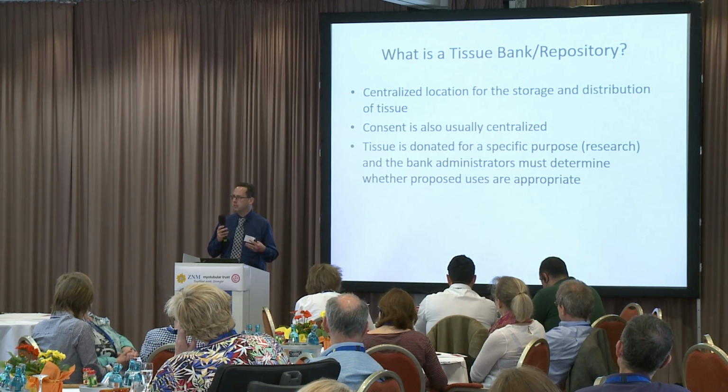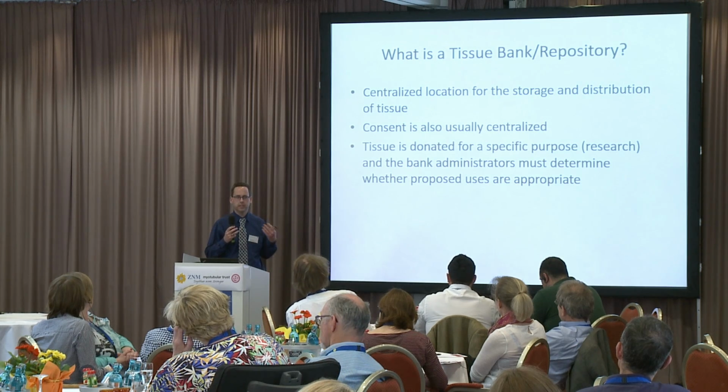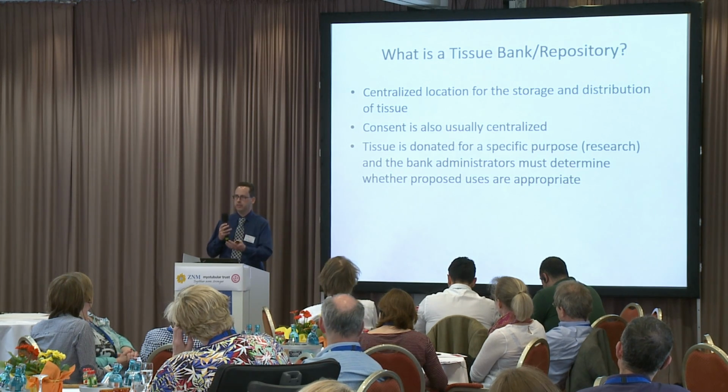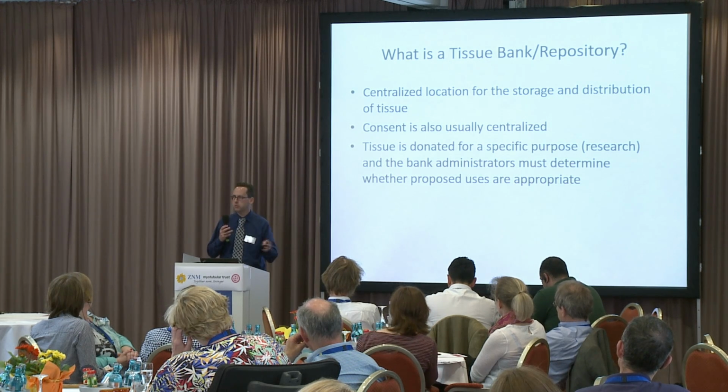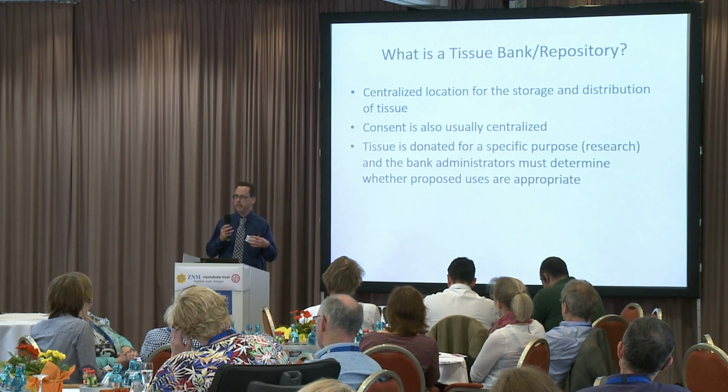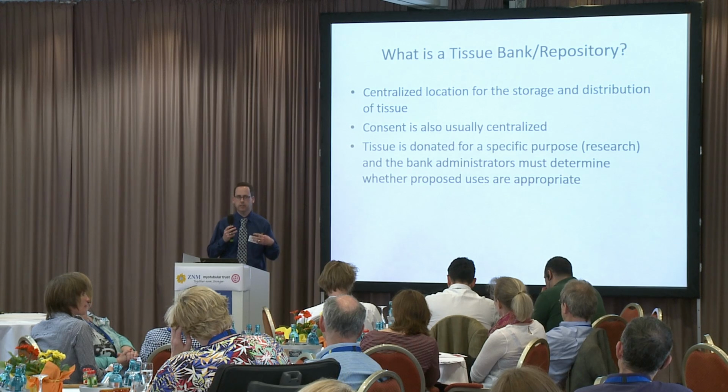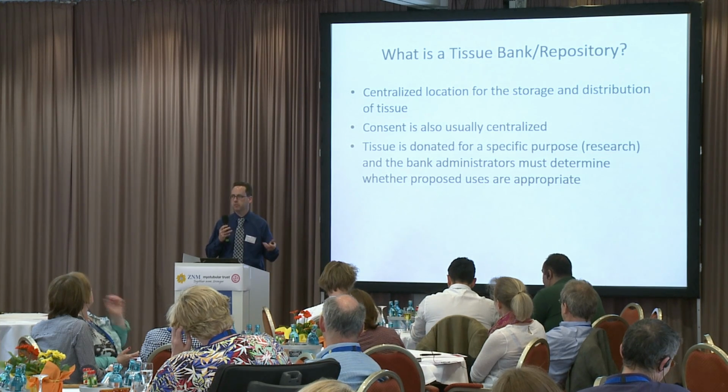So by having a centralized tissue repository, somebody like me who has to have a foot in the clinical world as well as the research world can undertake most of the regulatory issues on behalf of the community and then have a very straightforward administrative mechanism for people to get the de-identified tissue samples for their research.